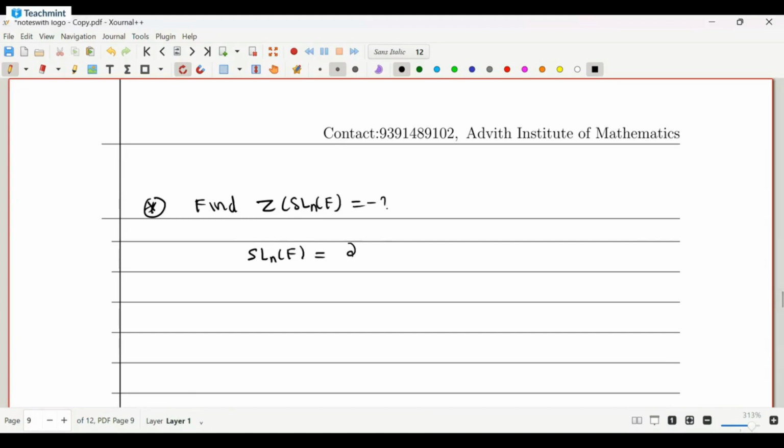SLN of F is equal to the set of all matrices of order n by n such that the determinant of A is equal to 1, where each and every component Aij of matrix A belongs to the field F.